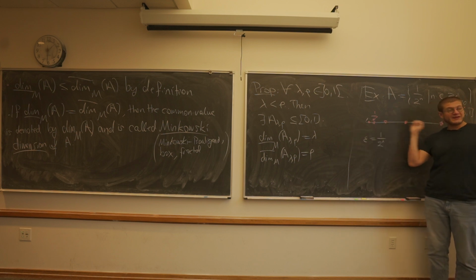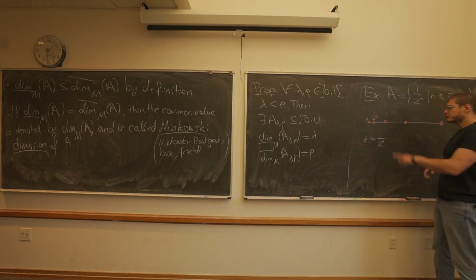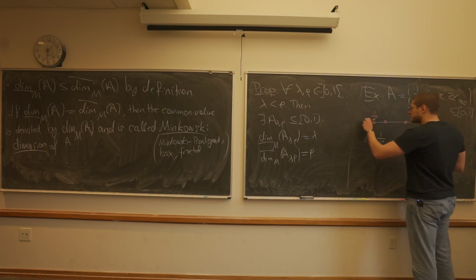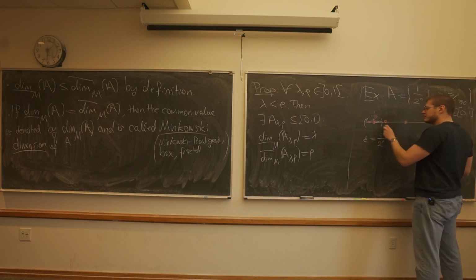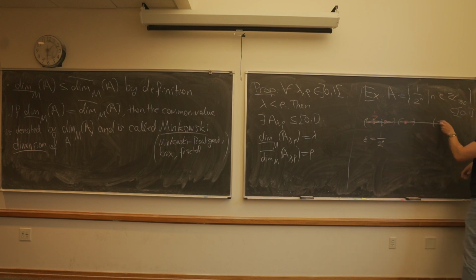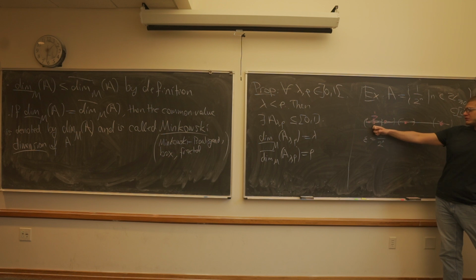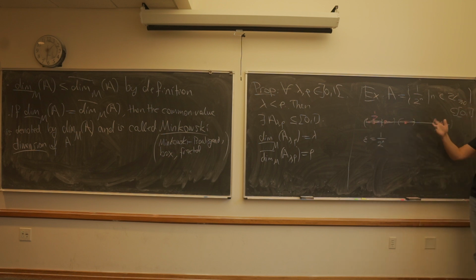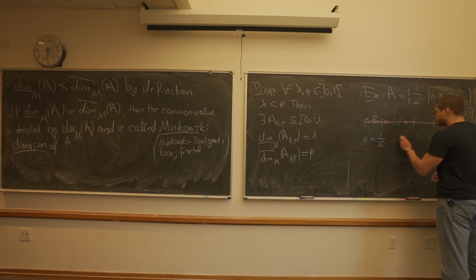But you won't be able to cover any of these. So for each of the remaining, more separated ones, you're going to need one pixel each. If this is the 1 over 2 to the nth one, how many more are there? Approximately n many. So the number should be n.